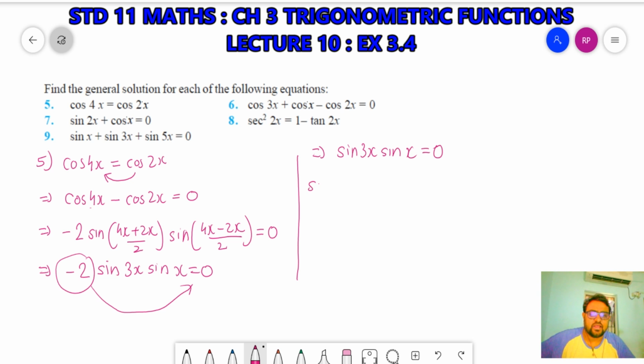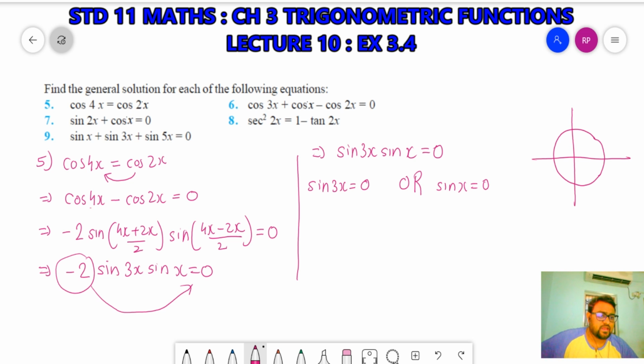So what does this imply? Either sin 3x is equal to 0 or sin x is equal to 0. Now for zeros, when is the value of sine 0? You know that on the unit circle, at these two positions the value of sine is 0, that means n pi.